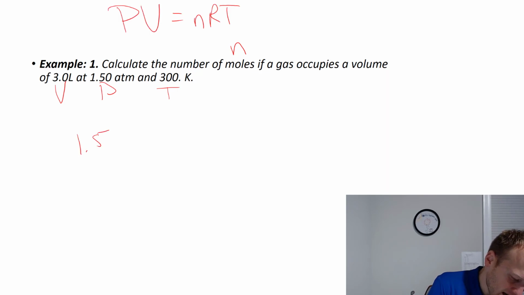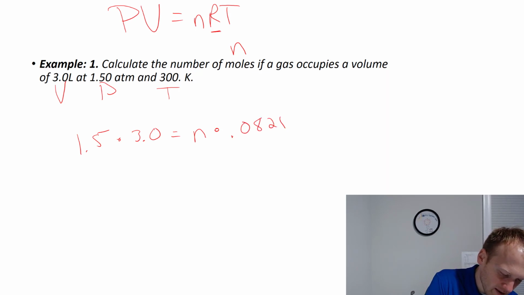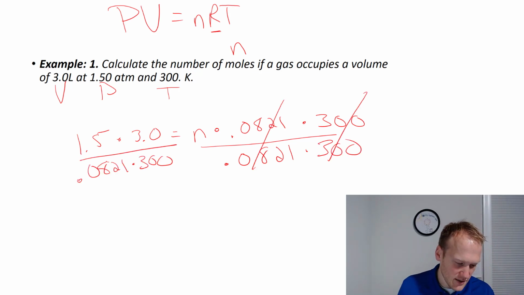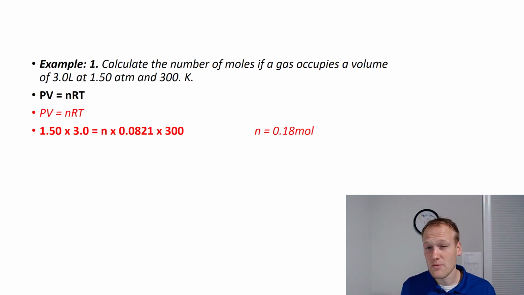P is 1.5, V is 3.0, and n we don't know. R, we do know. It's 0.0821 always. It is the constant times 300. We divide both sides by 0.0821 and 300. It would cancel on the right, and we'd get an answer of 0.18 moles.